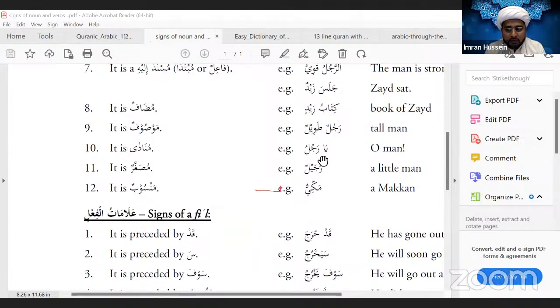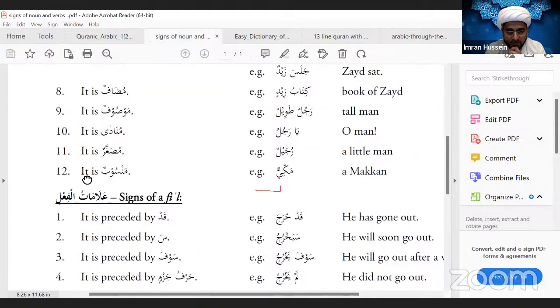So whenever ya comes, ya Ali, ya Muhammad, ya Fatimah, the word after it will always be a noun, not a verb. These are the ones I'm going to cover today. The other ones, because it's an introduction class, you will not understand them, so I have to keep it basic.